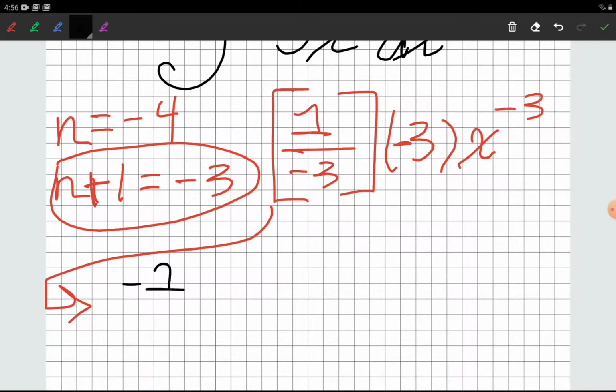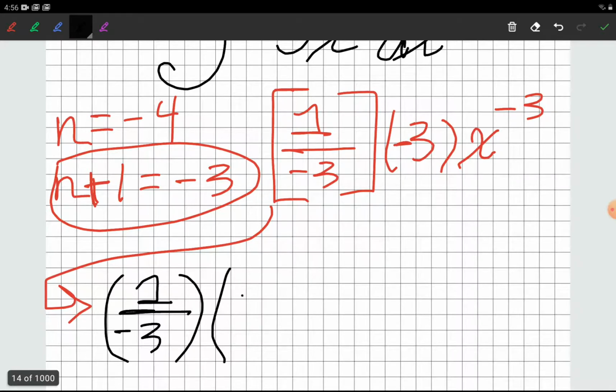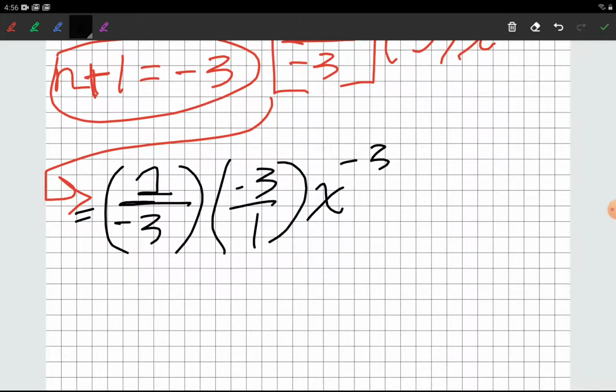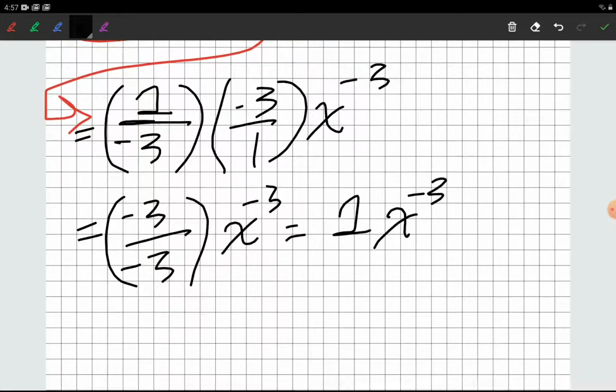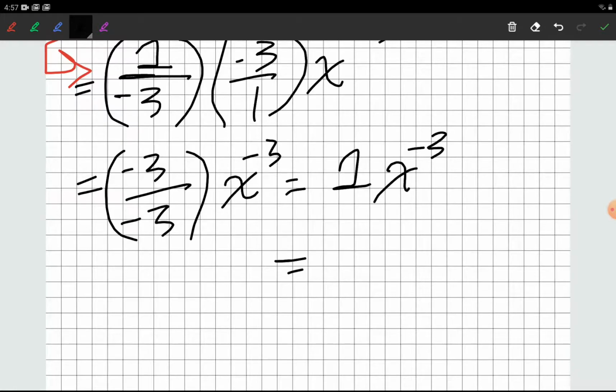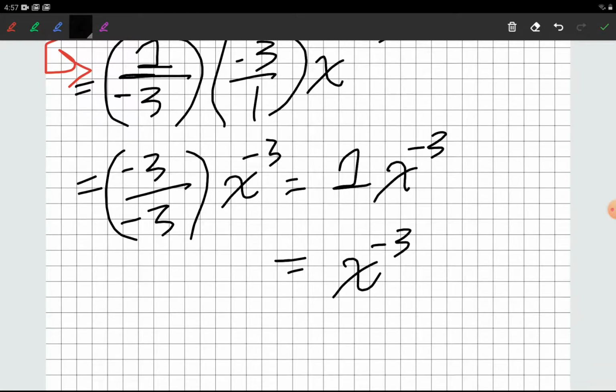I have 1 over negative 3, negative 3 over 1, x to the negative 3, all being multiplied. Which simplifies to negative 3 over negative 3 times x to the negative 3, which simplifies to 1x to the negative 3, which simplifies again to x to the negative 3.